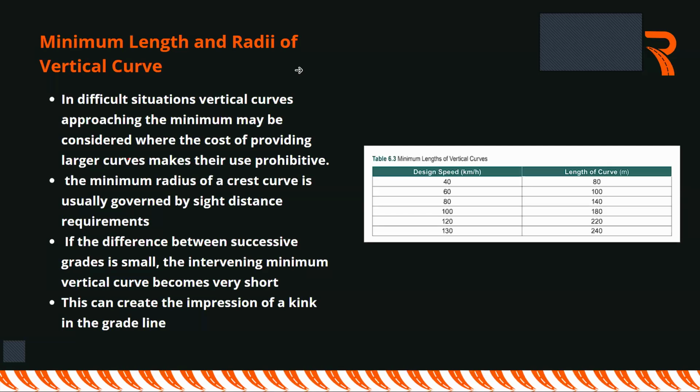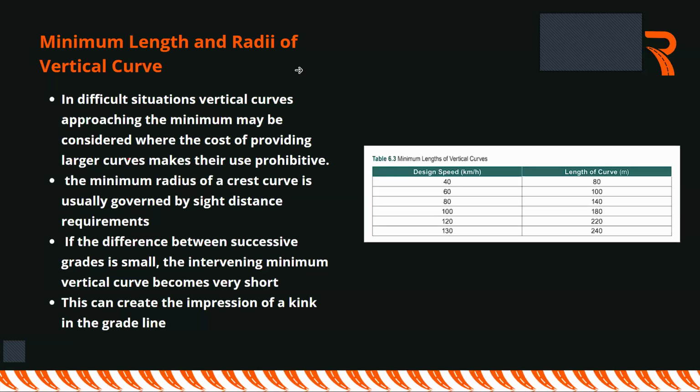Now, what this statement means is when you're designing crest curves and sag curves, we mostly make sure that we are not using the minimum parameters. We are a little bit above the minimum parameters. And it's actually a practical rule of the thumb.